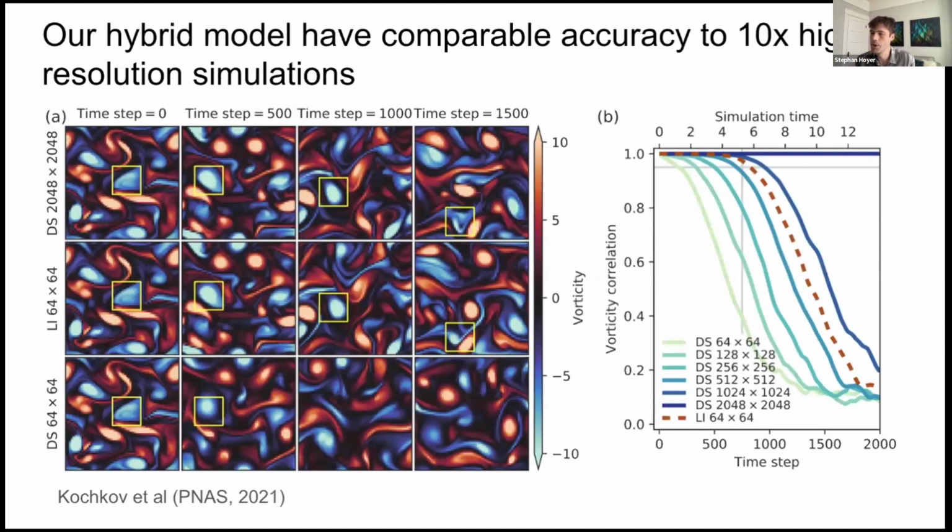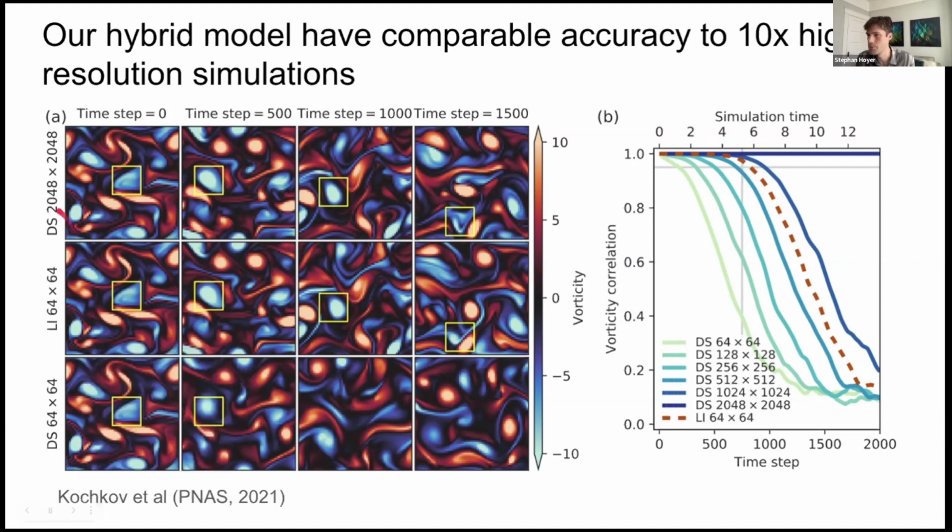When we do this, improving over these finite volume methods, we can get simulations that are accurate on remarkably coarser grids. Here we have a data set where we train things on a 2000 by 2000 grid, which we used as the baseline for the simulation.